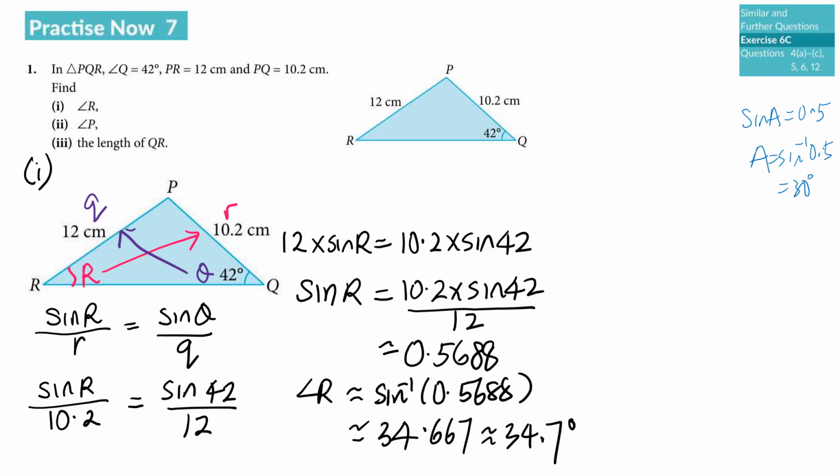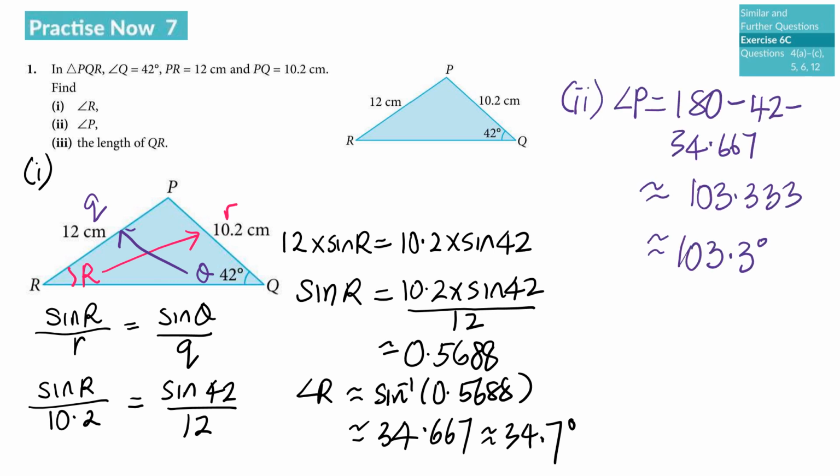And for angle, you need to express it to one decimal place for the final answer. But you see that I actually have one that is more than one decimal place because I may need the answer for some other calculation. Okay, right. Let's look at part 2.